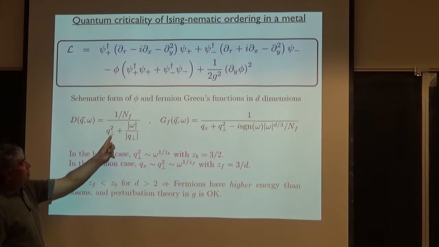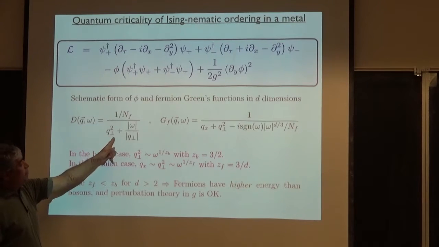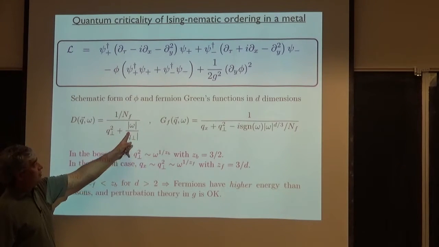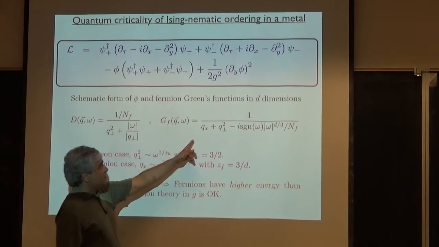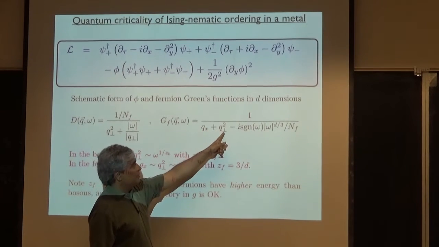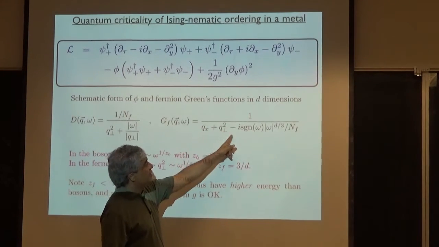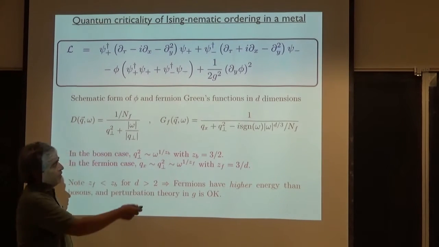This is now any direction tangent to the Fermi surface, it should be q parallel here, sorry. And omega over q parallel. So this is the Landau damping. For the fermions, you had the dispersion qx in one direction, qy squared in the other direction, and omega to the d over 3.